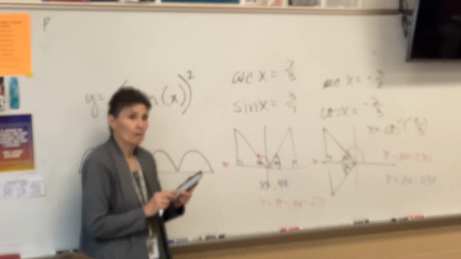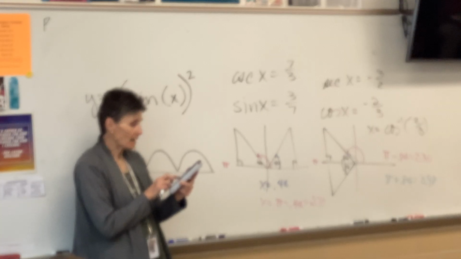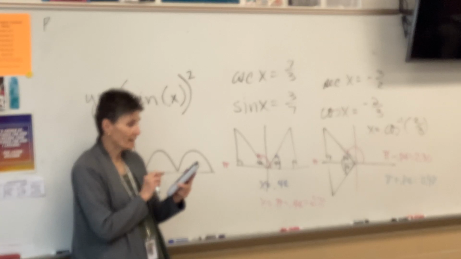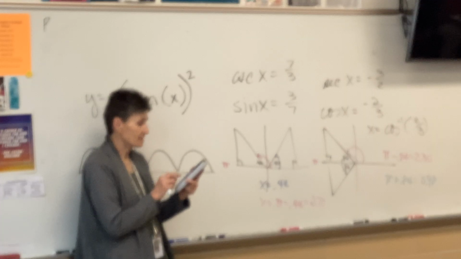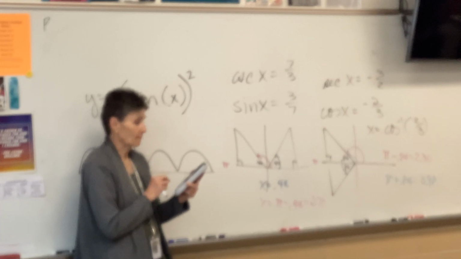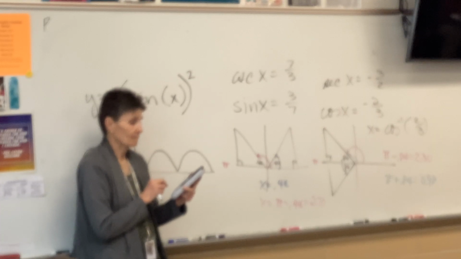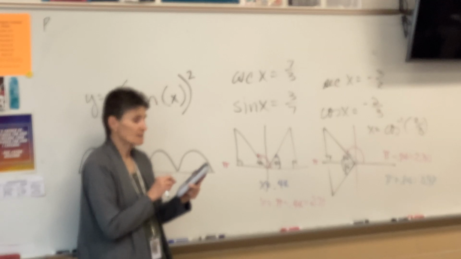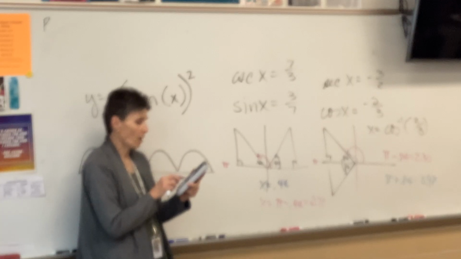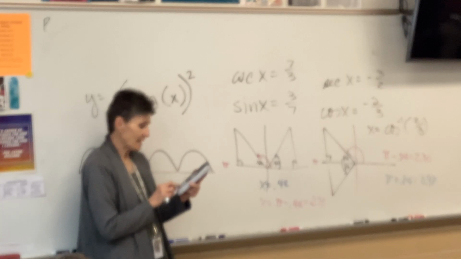Now, B is easier to type in, just type x squared, so x squared plus 2 sine x. Now, my window was kind of small, so let's change our y's to maybe -20 and 20.